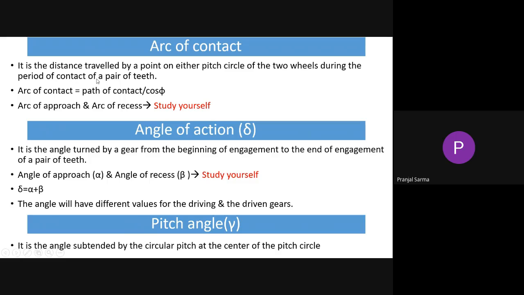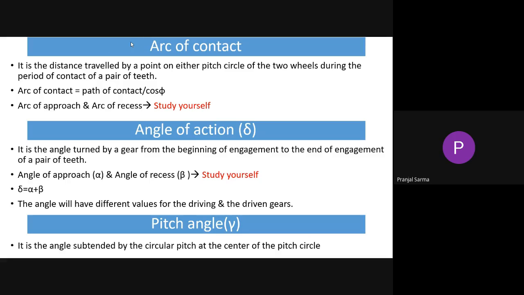It is the distance traveled by a point on one of the pitch circles of the two wheels during the period of contact of a pair of teeth.